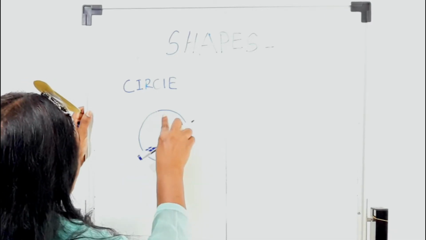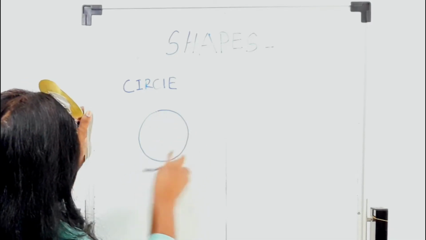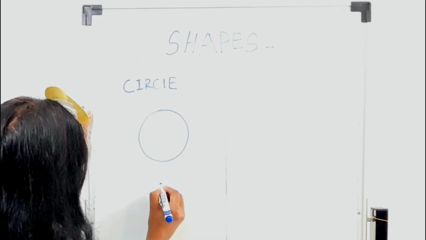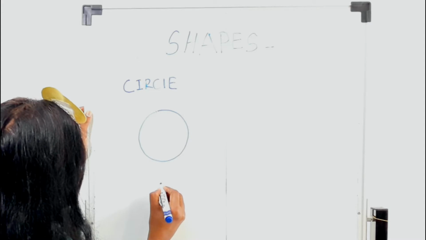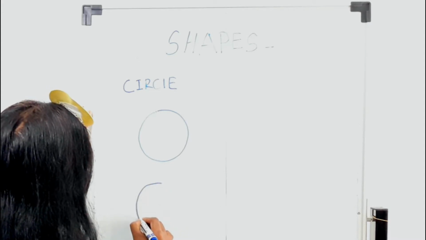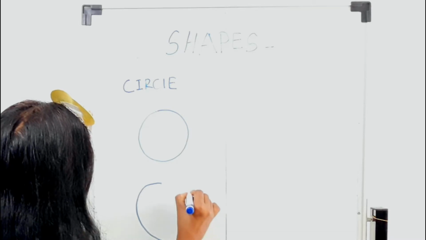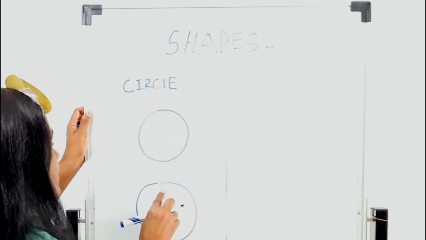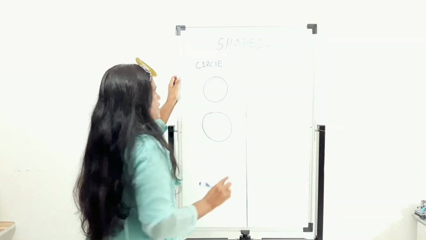So, it's a clockwise way. The same way you can draw the other way around. I mean, we can start from here and you can draw like this also. This is clockwise way and this is anti-clockwise way.